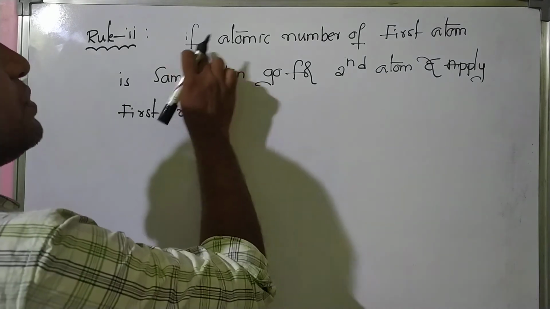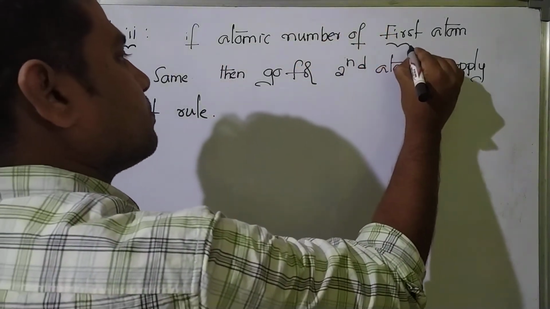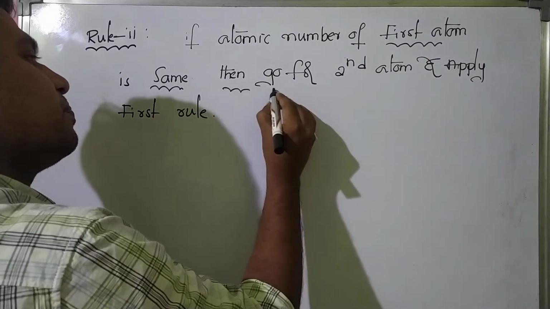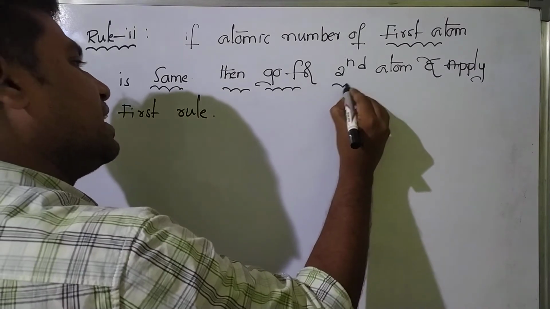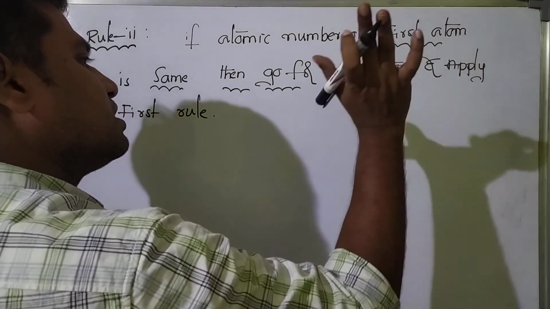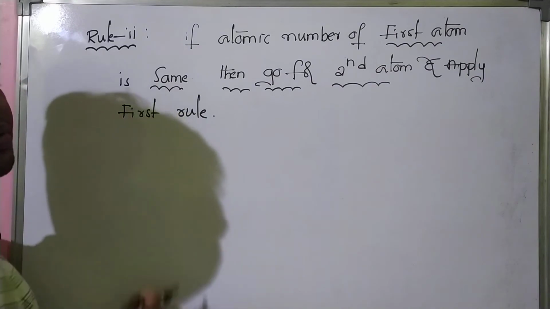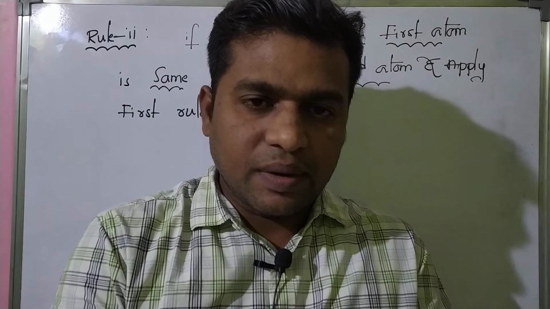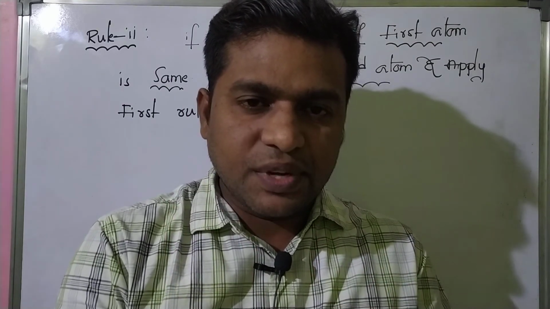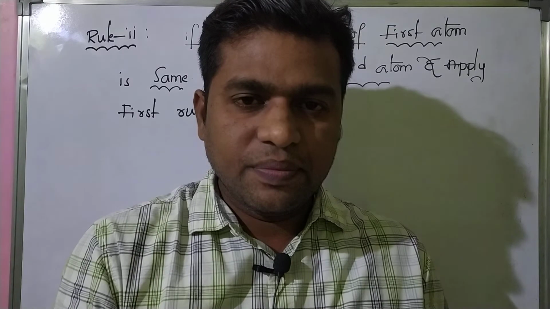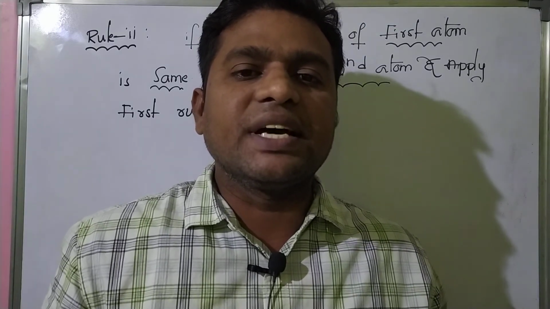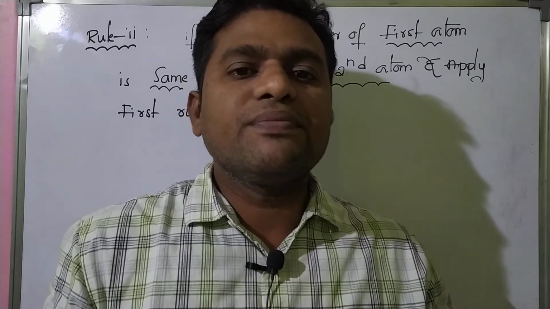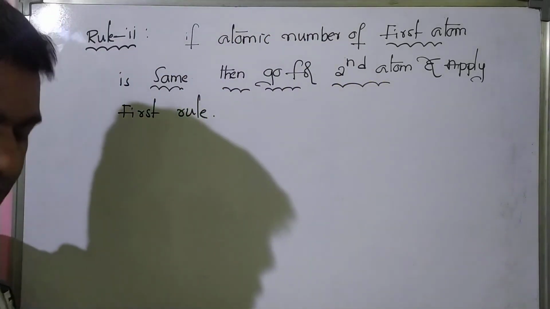Once again, if atomic number of first atom is same, then immediately we will go for second atom and same process, apply first rule. Okay, listen. If atomic numbers of first atoms are same, then immediately we will consider the second atom in that group and apply first rule. Okay, one more example.